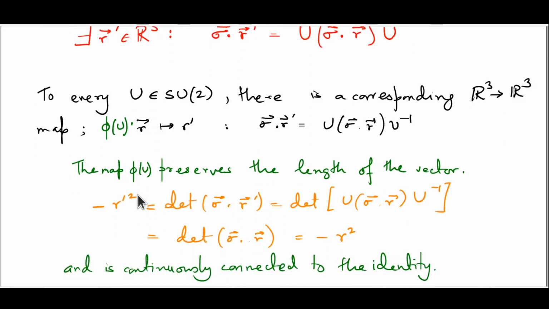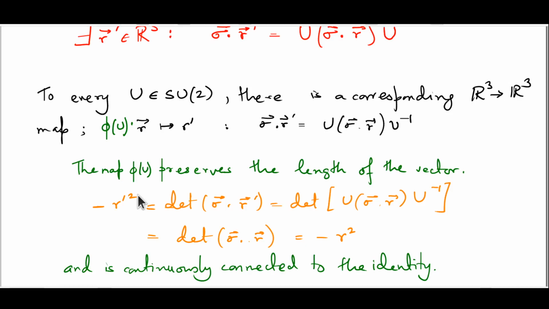Now, in addition to this, the particular transformation phi of U is connected continuously to the identity. This final characterization, connected continuously to the identity, is a slightly technical one and needs some clarification. Think of it this way.